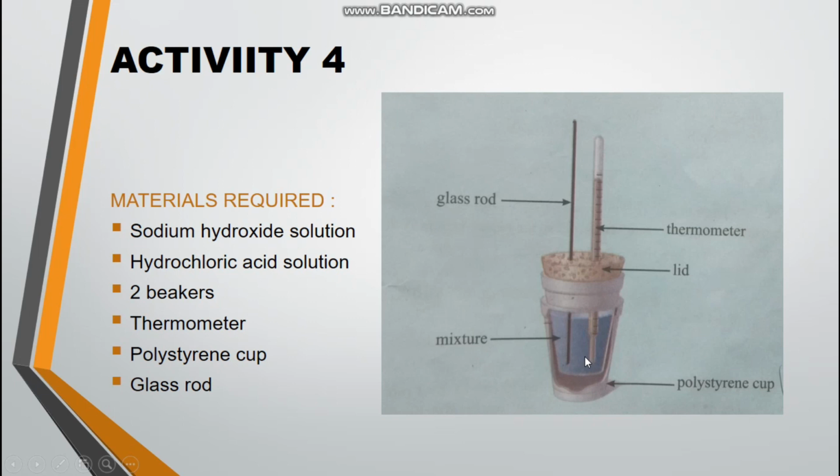We use it to prevent the escape of heat from the system into the environment and to prevent heat from the environment coming into the system. By using this glass rod we have to constantly stir the mixture in order to have a uniform temperature throughout the mixture.